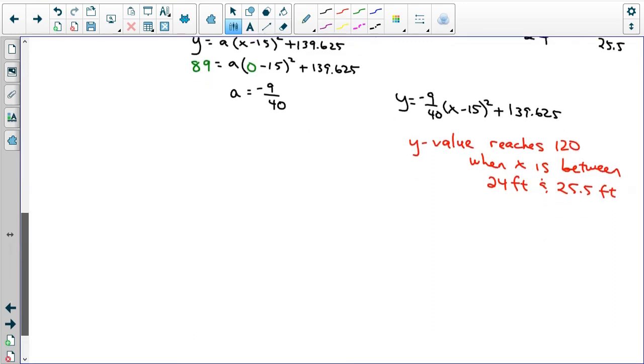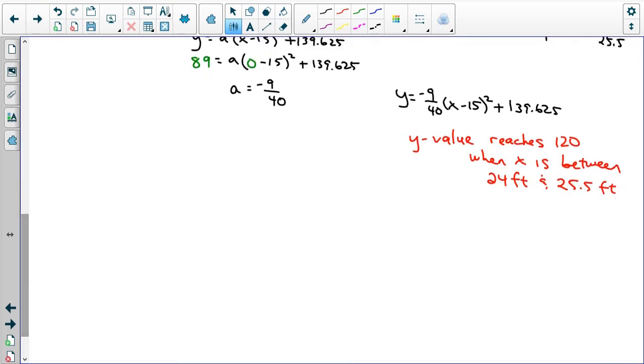So I have two different ways of thinking about this. Option one, I can sub in 24 for x and sub in 25.5 for x. I'm going to get two y values. And if 120 is between those two y values, then that means it's going to go in the rim.